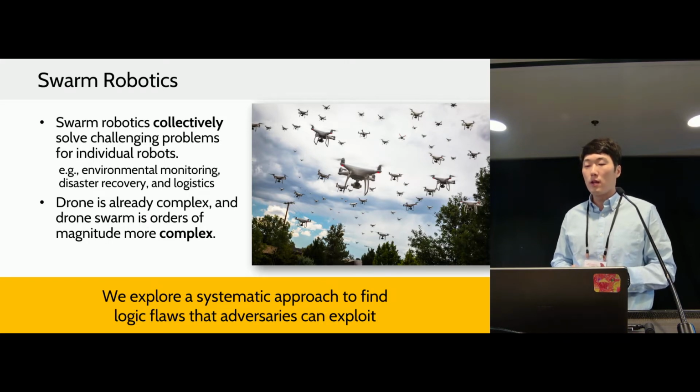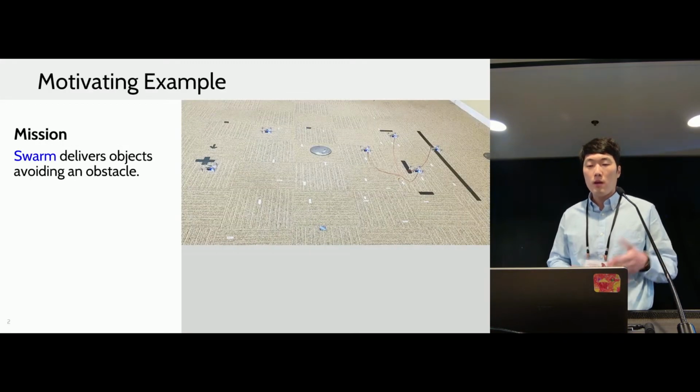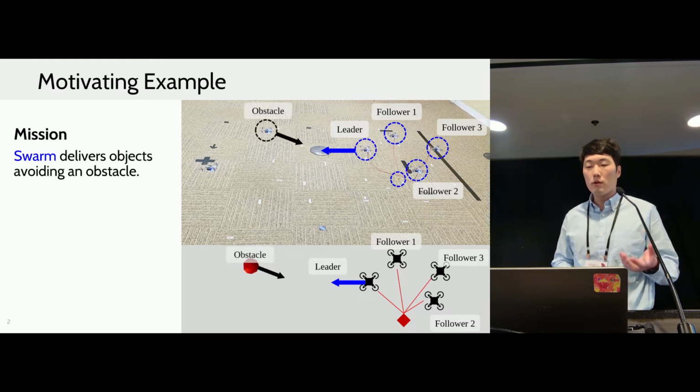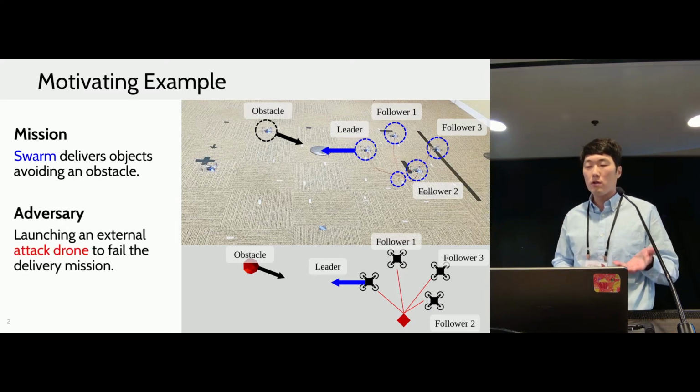that adversaries can exploit. In this example, we have a swarm of 4 drones carrying an object using strings, and it's trying to deliver it to the destination. During this, it comes across a moving obstacle which it tries to avoid. In the real-world experiment, we represent it with another drone. Then an adversary controls an external attack drone to fail this delivery mission.